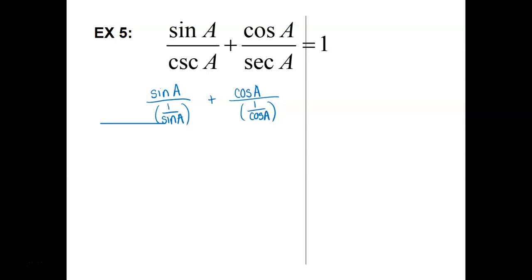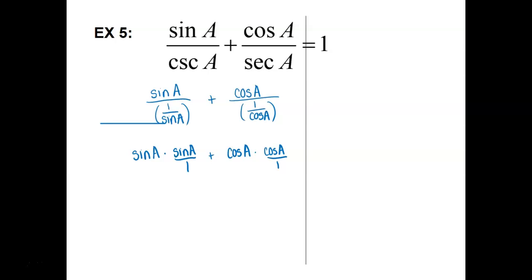And then if you ever end up with complex fractions, like we've got here, fractions inside of fractions, you want to get rid of those as quickly as possible because they will give you trouble. So dividing fractions is easy as pie. Flip the second and multiply. So we've got sine of A times sine A over 1 plus cosine of A times cosine A over 1. At this point, you might even be starting to see what's going to happen.